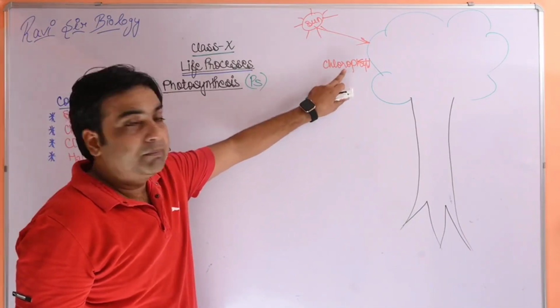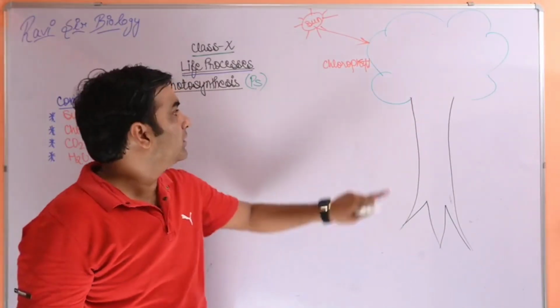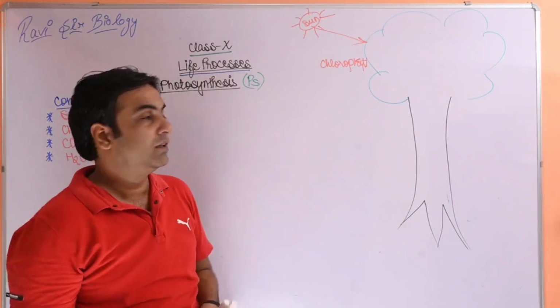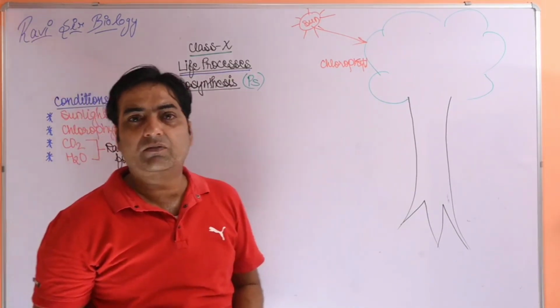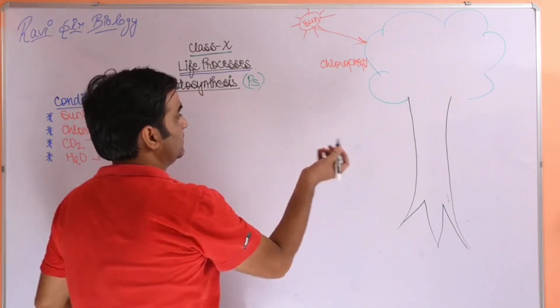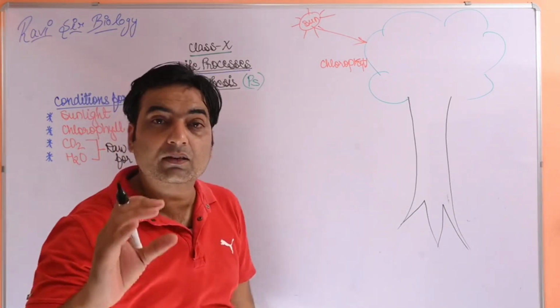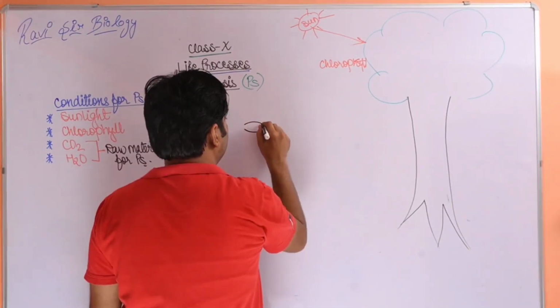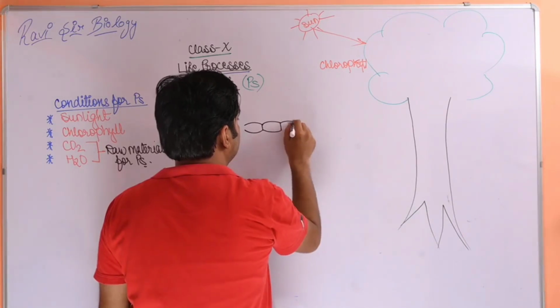In mesophyll cells actually the chlorophyll is present. Mesophyll cells are present in between. I need to explain where the chloroplast is present, so we need to draw the diagram of a section of a leaf.